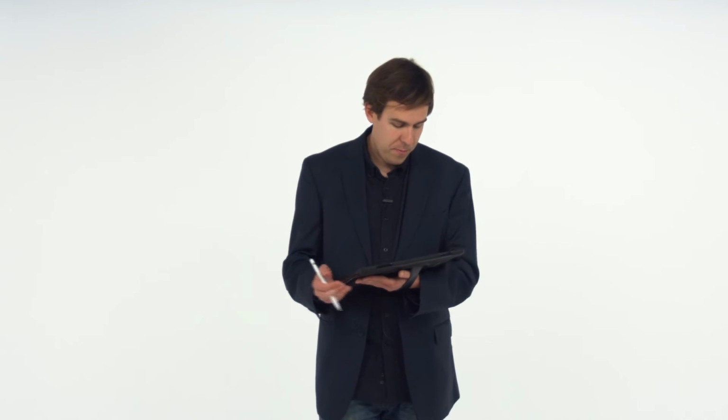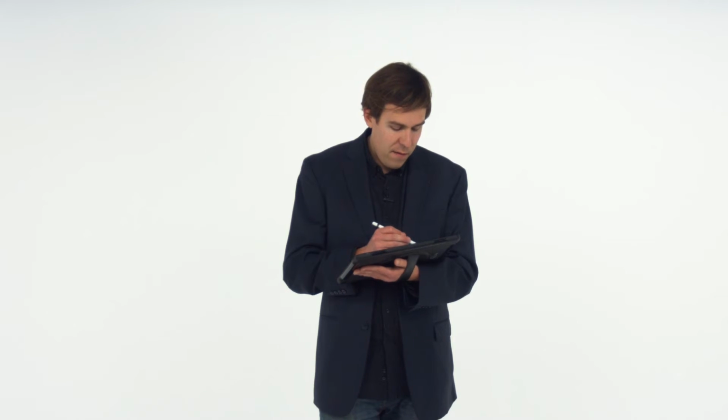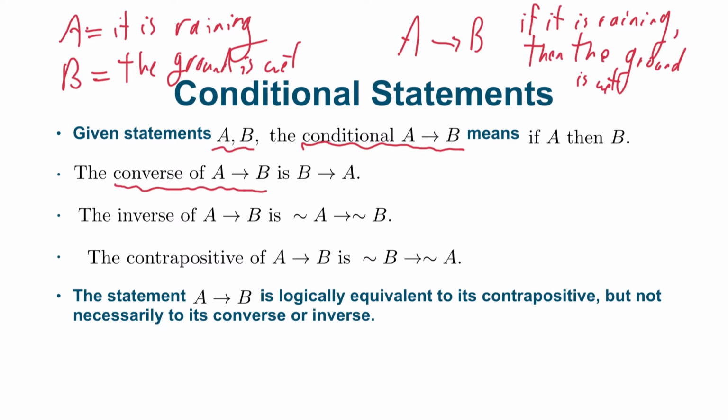So we give names to related statements, which will be potentially important on the CLEP exam. We define the converse of the conditional A implies B to be B implies A. So in our case, the converse of "if it is raining, then the ground is wet" is the statement, "if the ground is wet, then it's raining."